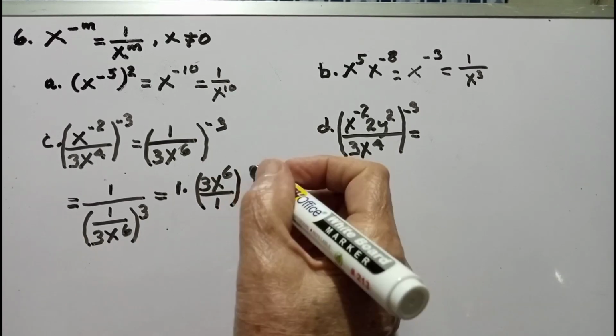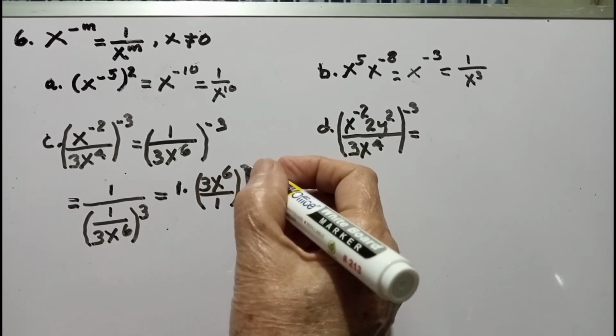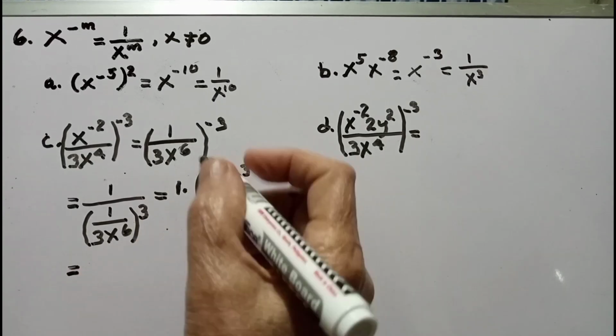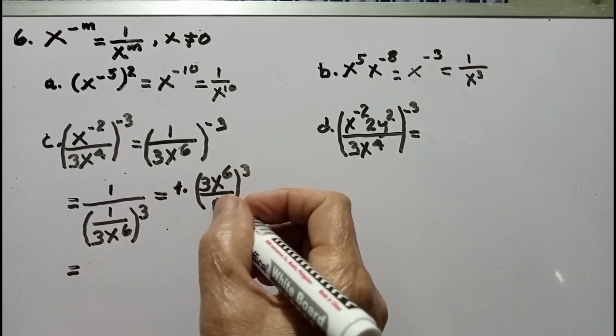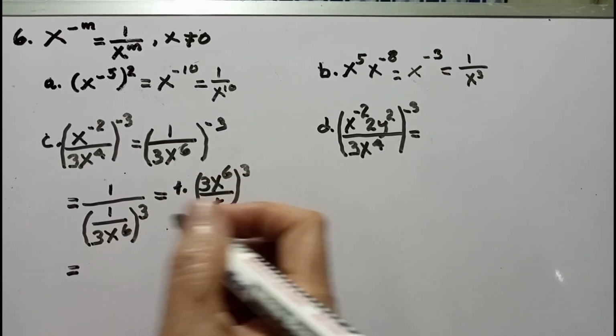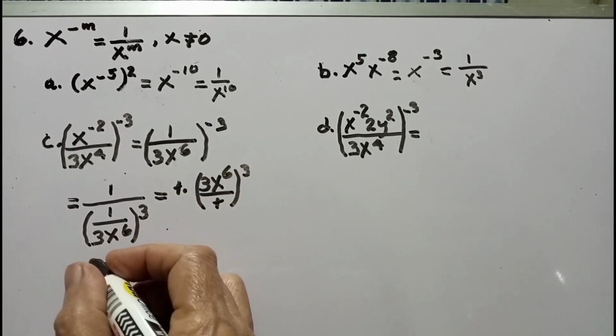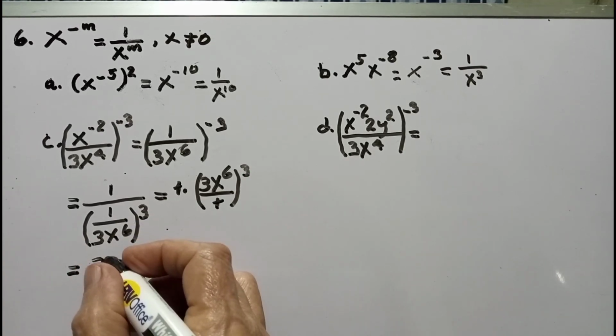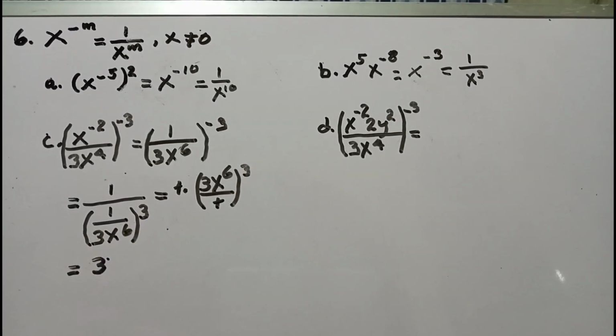So that is cubed. And then that is now equal to, you can cancel the 1. Actually, these two ones are immaterial. So what is left is 3. We'll just expand it immediately.